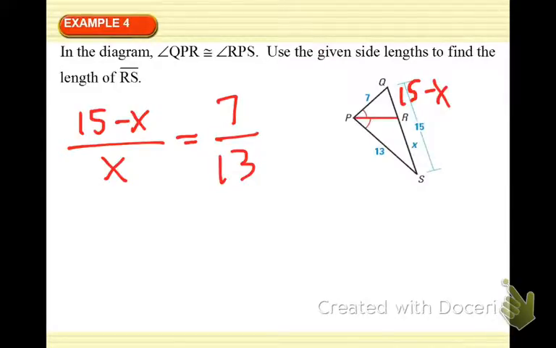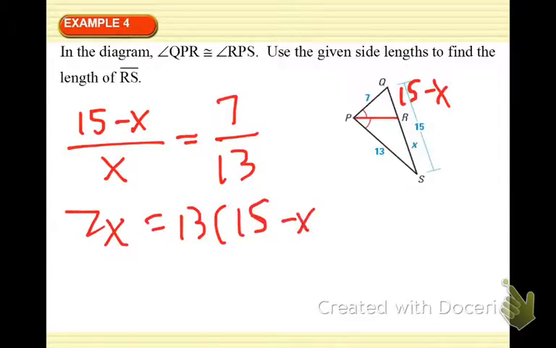So that would be 7X equals 13 times 15 minus X. So 7X equals 195 minus 13X.